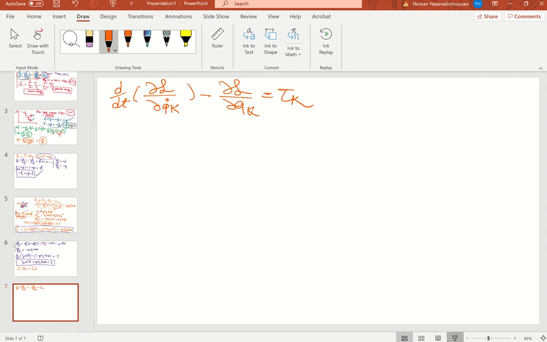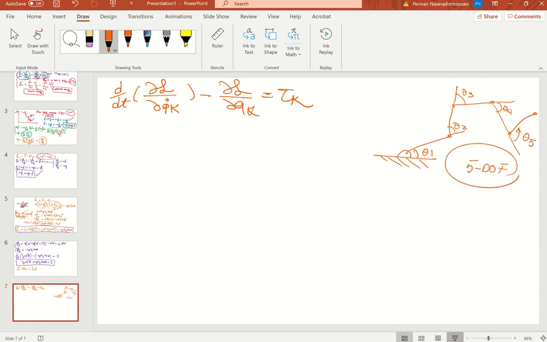But if you have this kind of robotic system, look here guys, 1 2 3 4 5, you have a 5 degree of freedom robot. This theta 1, theta 2, theta 3, theta 4, theta 5. Suppose you have a 5 degree of freedom system, or like the Baxter robot I have in my lab, a 7 degree of freedom robot. How can we use the Lagrangian equation to do that?